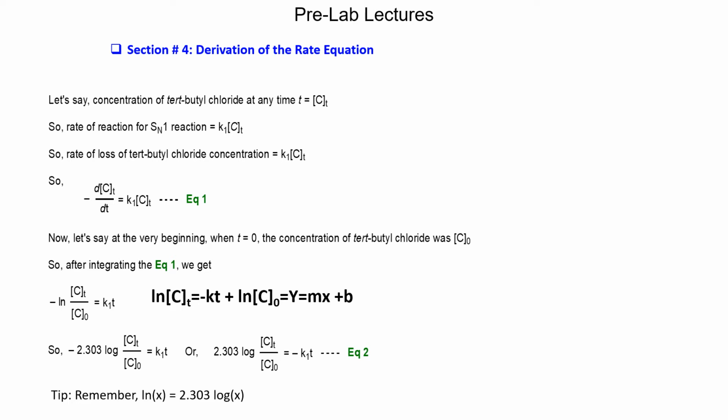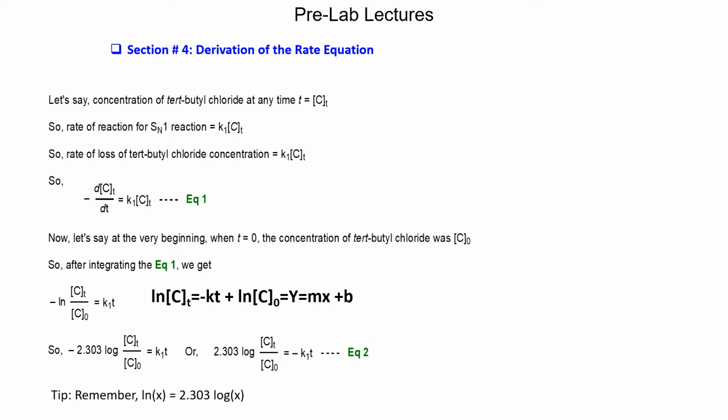And so we can rearrange this equation by multiplying both sides of the equation by t over C0, and then we will have concentration at time t over concentration at time 0 equals rate constant times t.